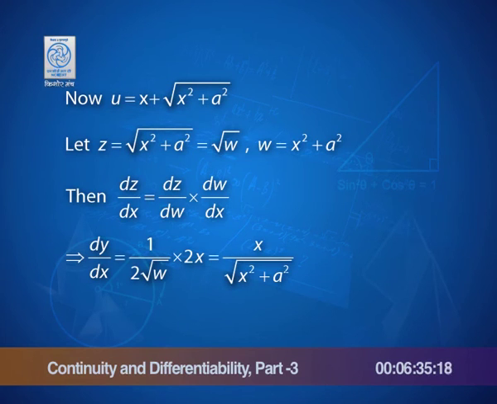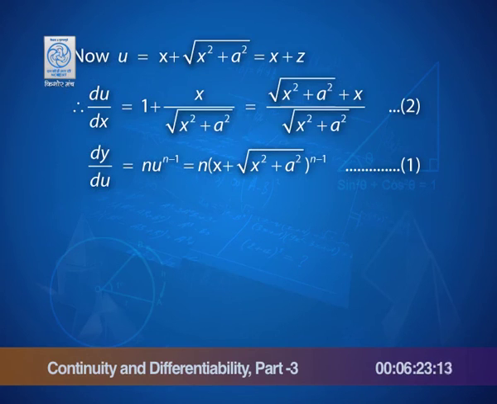Put back the value of w and you have the derivative of z with respect to x. So, our u, which was nothing but x plus z, has the derivative ready as 1 plus x by root x square plus a square, which may be again rewritten. But that is not the end of the problem.